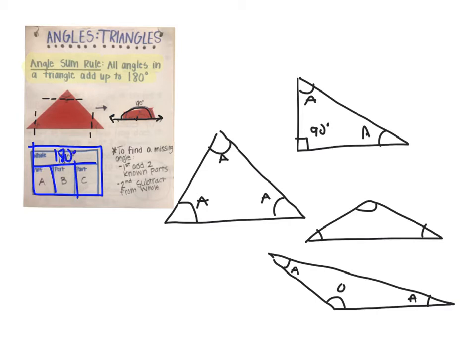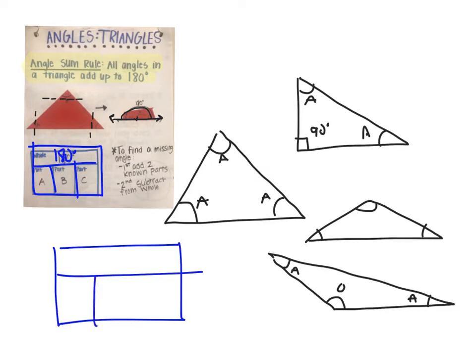This is what's really special about these types of problems: every part-whole chart that you make for missing angles in triangles, you're always going to start with 180 degrees as your whole. Because like we said, for every triangle, the sum of all 3 angles is equal to 180 degrees.